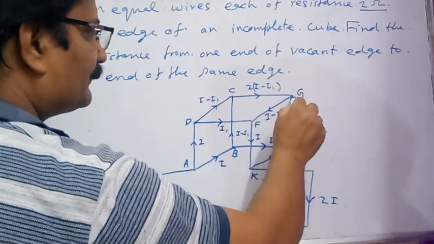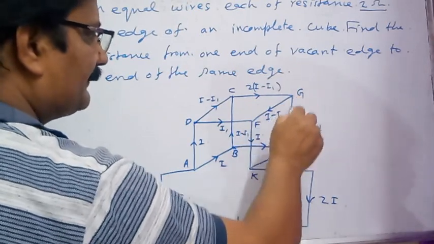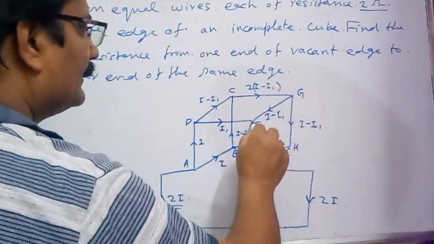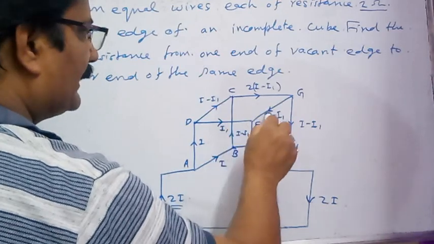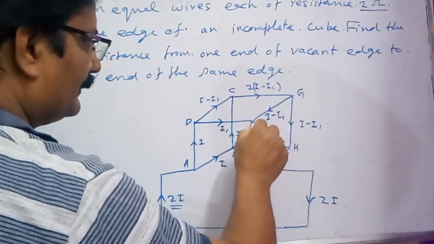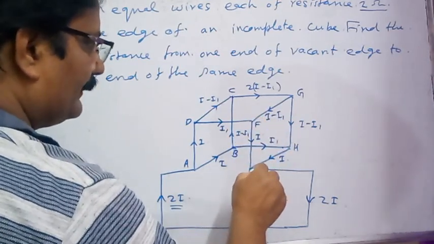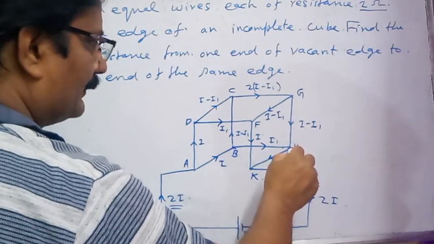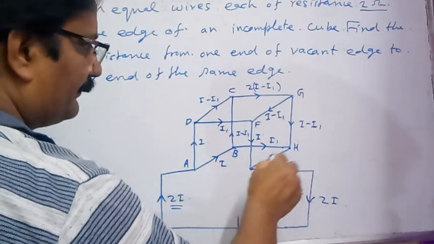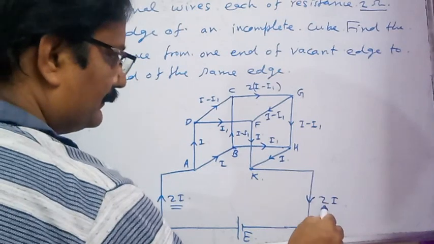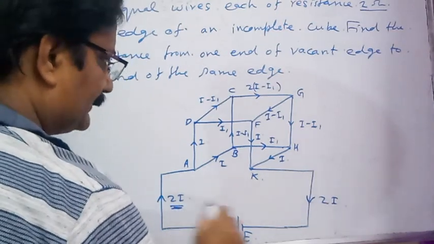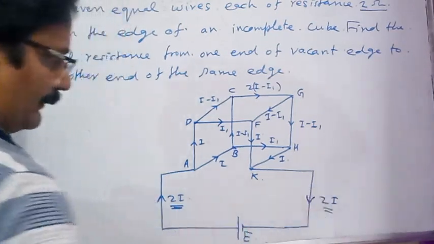I minus I1 is flowing towards F, I minus I1 is flowing towards H. At this point, current I1 and I minus I1 combine and current I is flowing towards K. Again, current I is flowing towards K from H. So at the end, the current 2I is returning to the cell.